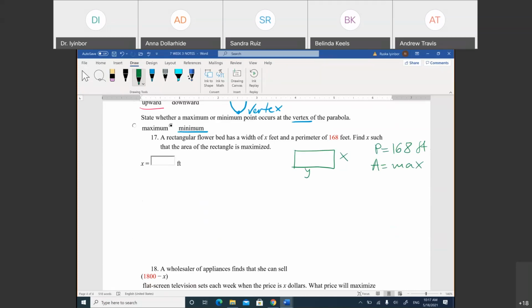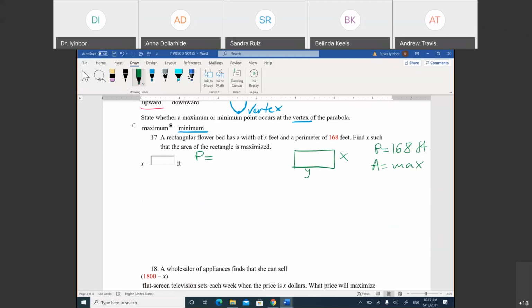And let's see what is given. We have the perimeter given, yes? So what is the formula for perimeter if I have a rectangular bed? It'd be y plus y plus x plus x. You're on the right track, but x plus x is not x squared.